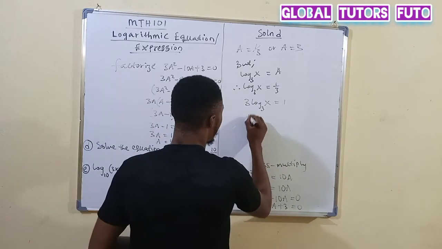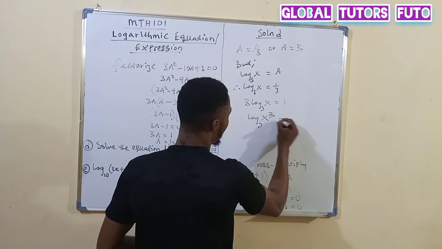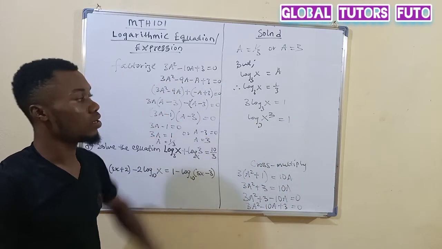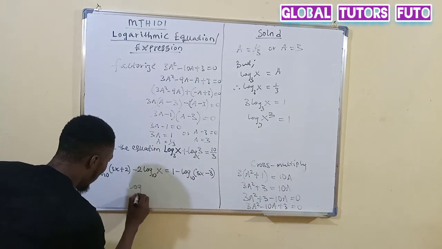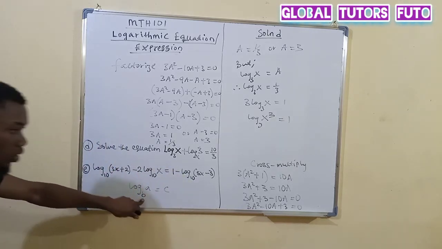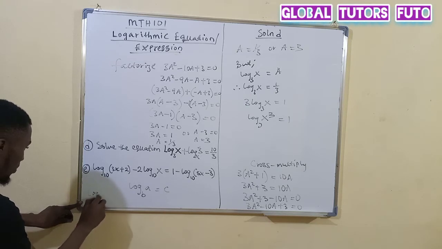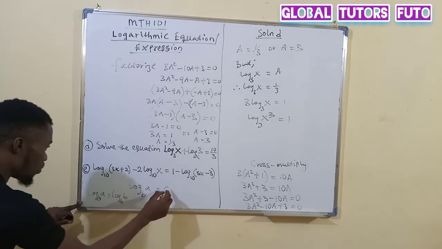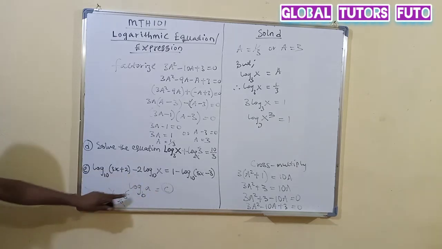I will have that log base 3 of x cubed is equal to 1. So removing this log that is here, if you have log base b of a equal to c, for you to remove this log of base b, you now say log base b of a will be equal to log base b of b raised to power what you have outside here, such that this and this can go.